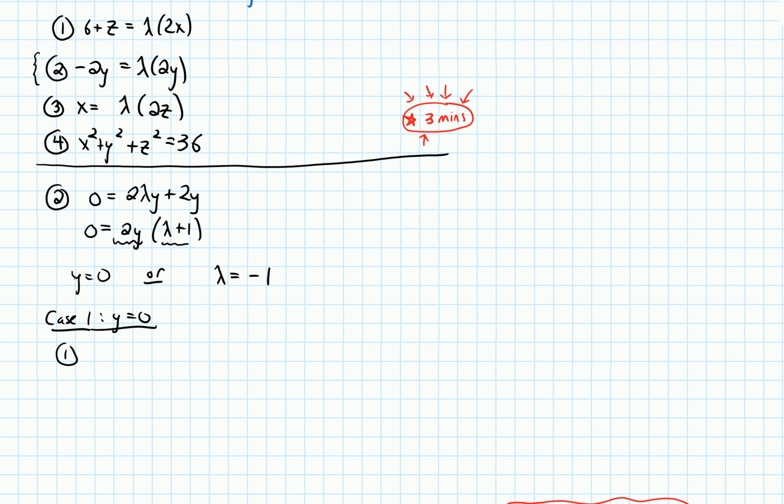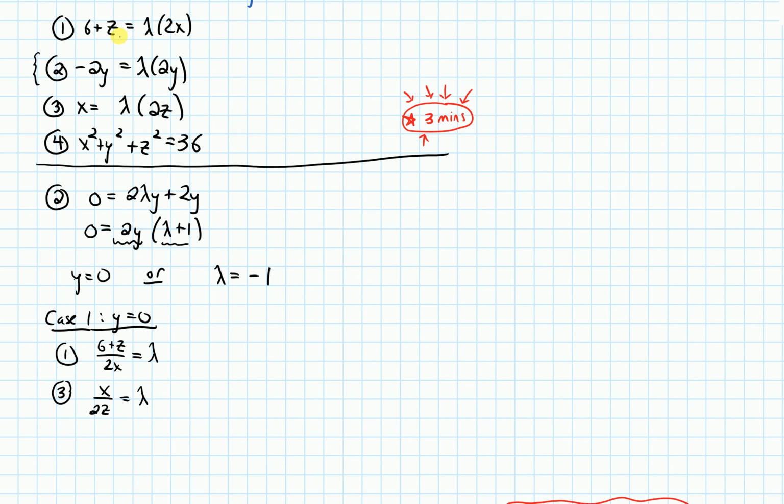And in the third equation, there's also no y. So what I can do in those equations is isolate lambda. In the first equation, I'll divide by 2x and get (6 plus z) over 2x equals lambda. If we do the same thing in the third equation, we get x over 2z equals lambda.